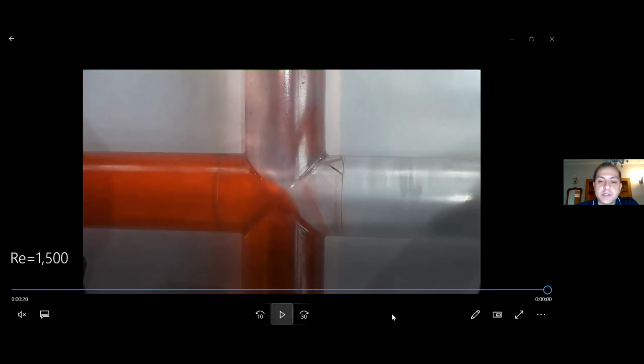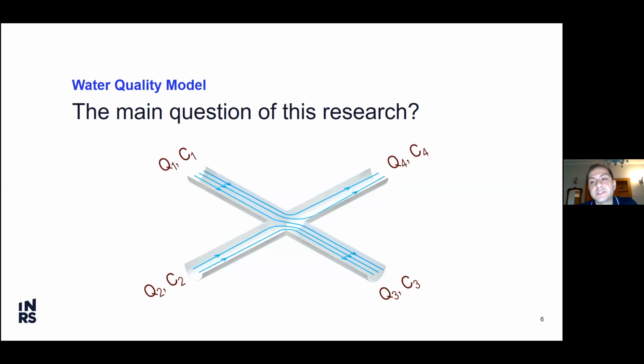So in my project, I will work on this assumption. I mean, I will work on mixing phenomena, which is not complete. However, all existing models right now assume that the mixing is complete. And this assumption makes some errors, especially in water quality models.